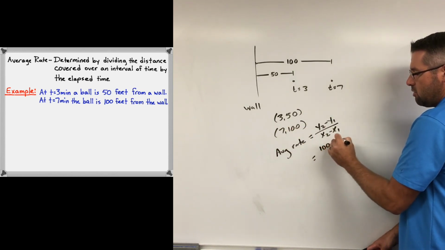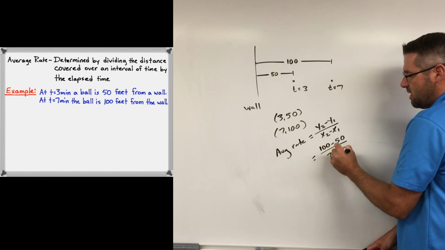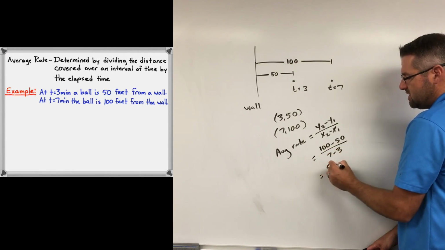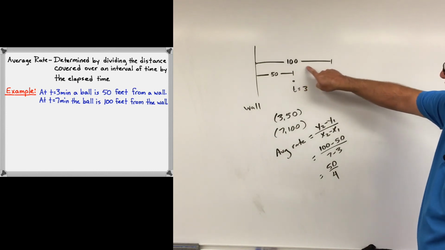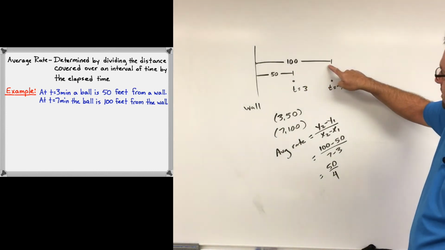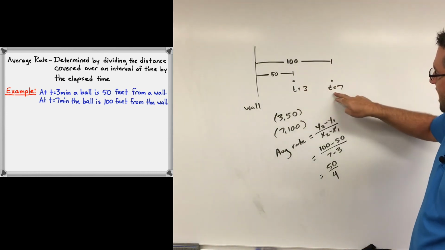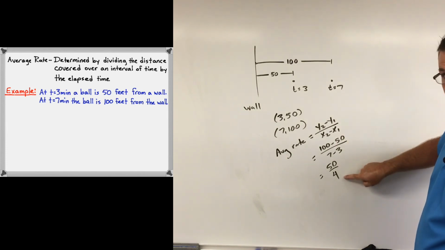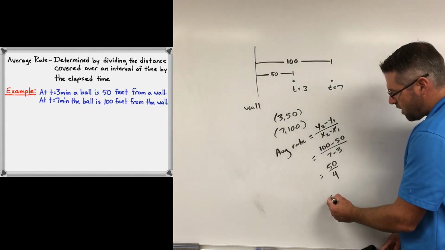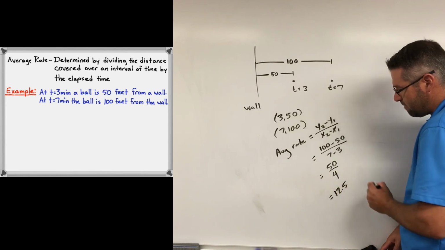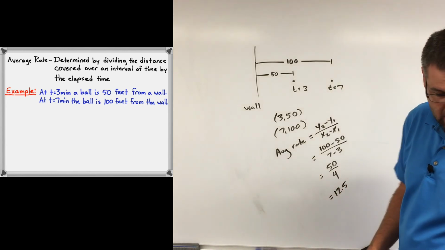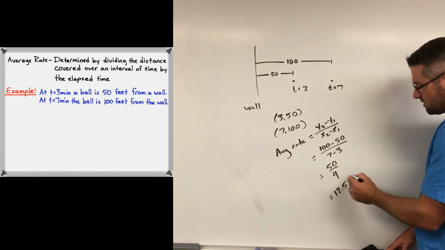So we end up with 100 minus 50 over 7 minus 3. And again, what does this mean? It means that the ball traveled 50 feet over 4 seconds of time. So what would our average rate be? 25 over 2, so that'd be 12.5. And then we always include units whenever we can. It'd be 12.5 what?